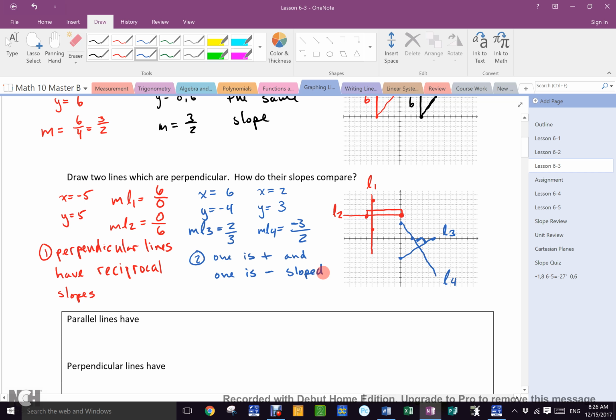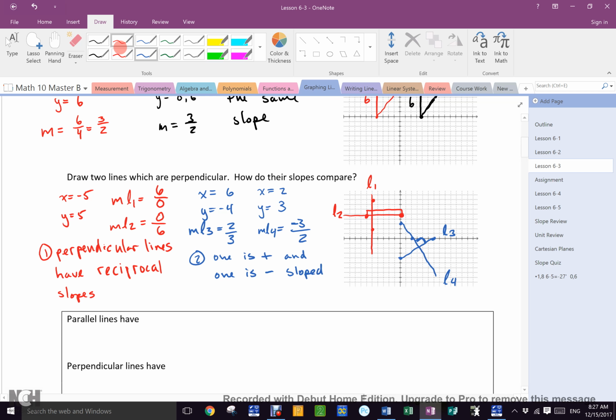Everybody cool? And that, just like parallel, works both ways. If you find two slopes that are negative reciprocals, you know those are going to cross at 90 degrees. If you see two angles that are at 90 degrees, then you know they have negative reciprocal slopes.